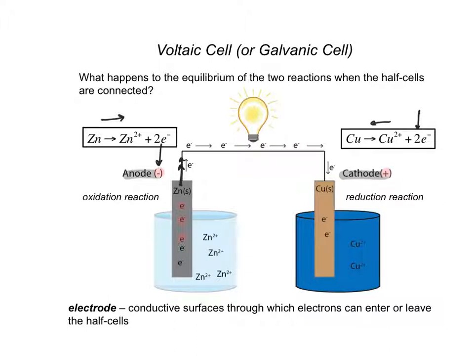So if we go back to this overall reaction, right, we'll start with zinc. Zinc is being oxidized. We're forming our zinc 2+ ions. We're losing our electrons. We're going over to the copper one. As this reaction continues to push right, what are we producing a lot of at this point in time? We're producing a lot of zinc 2+, right?